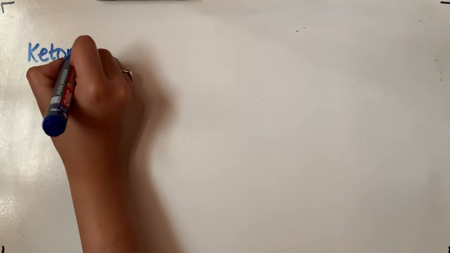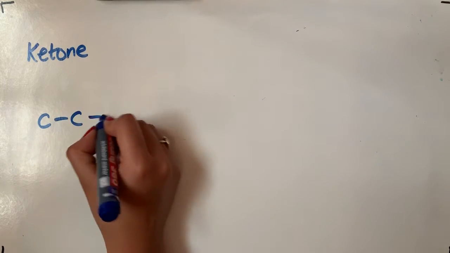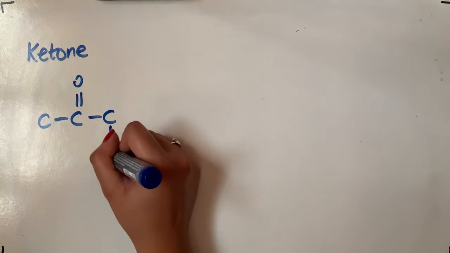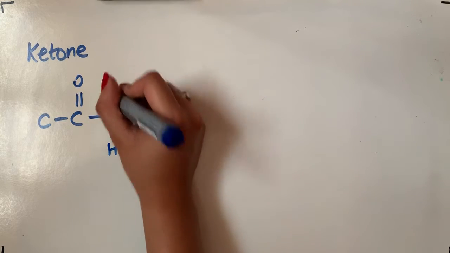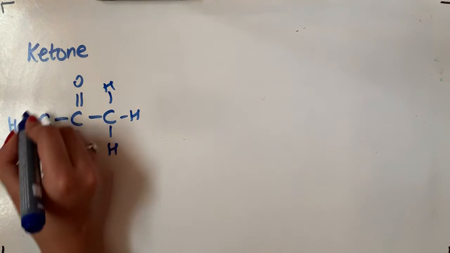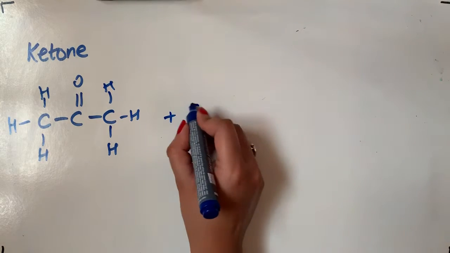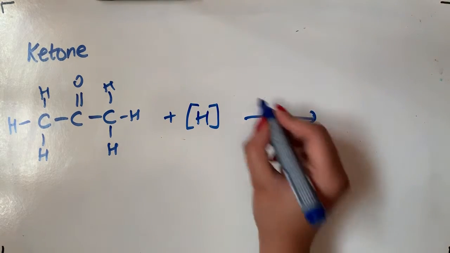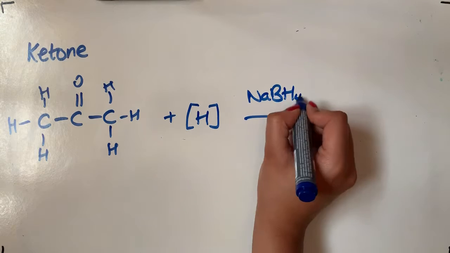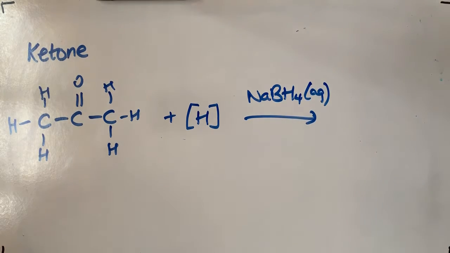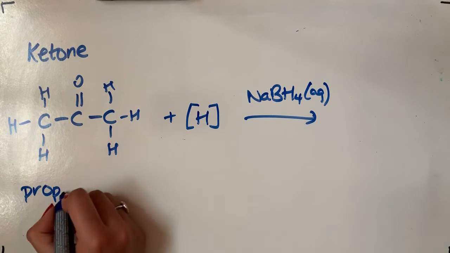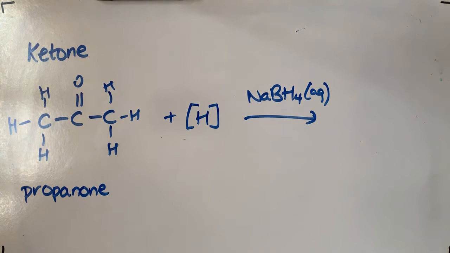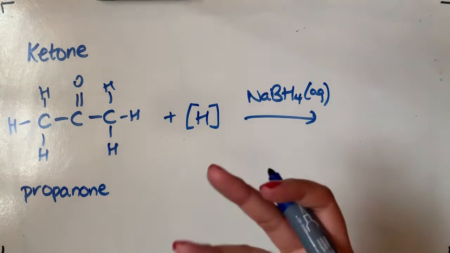Similarly, we can have a ketone. So I'm just going to go for propanone, like that. And again, our reducing agent, sodium borohydride. So this is propanone over here. This is a ketone. When we reduce it, we make the corresponding secondary alcohol.